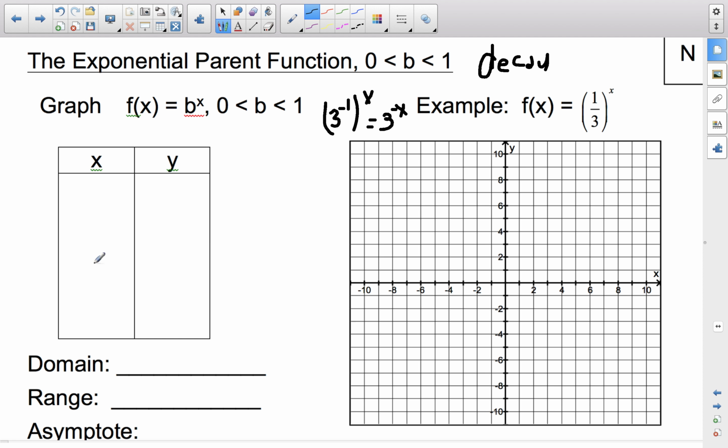The base is less than 1, so we're going to plug some numbers in and plot them and see what we get. We're going to go from -2 to 2. Okay, so 1/3 to the -2. Let's do that out here.